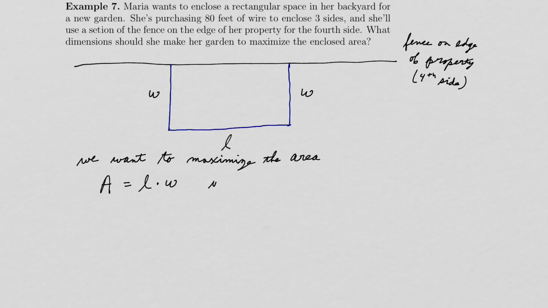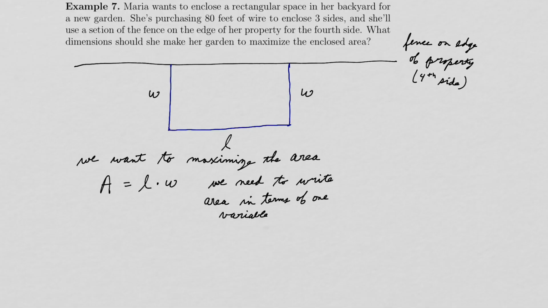So we need to write area in terms of one variable. Why do we do that? Because we're considering area to be a function of just one variable, either the width or the length, right? And then we can graph it as a parabola, and we can find the vertex.